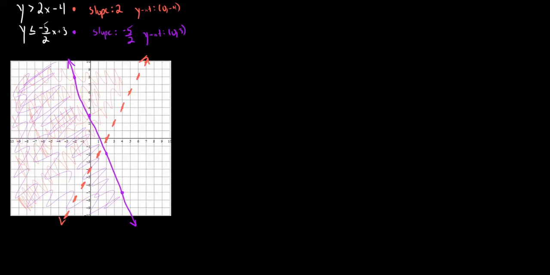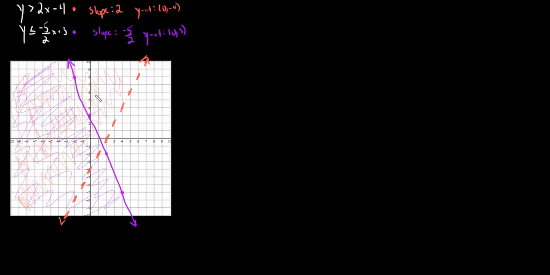As you can see, all the shading overlaps in this big region over here. That's going to be where all of my solutions lie, so we need to make sure it's abundantly clear exactly where those solutions are.